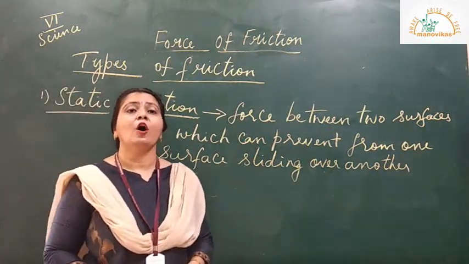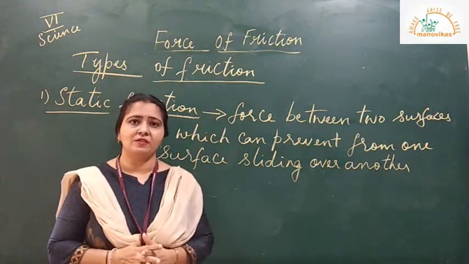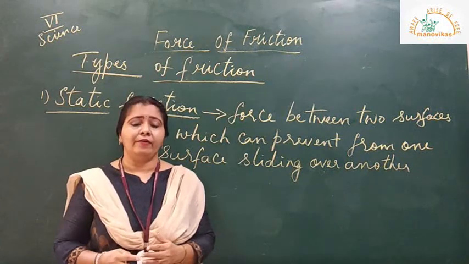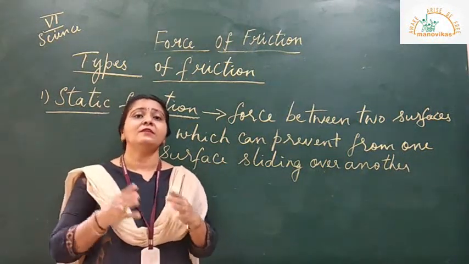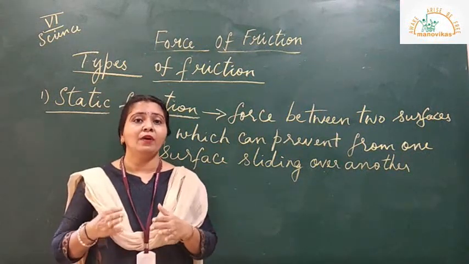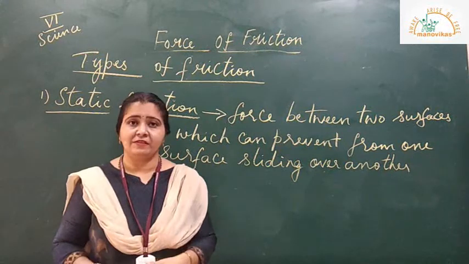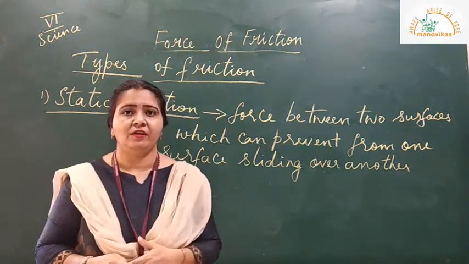It keeps the object stationary when it is placed. For example, it prevents a car from sliding down a hill when it is placed. So it helps to keep objects stationary.